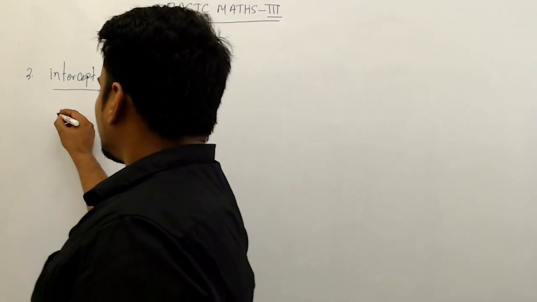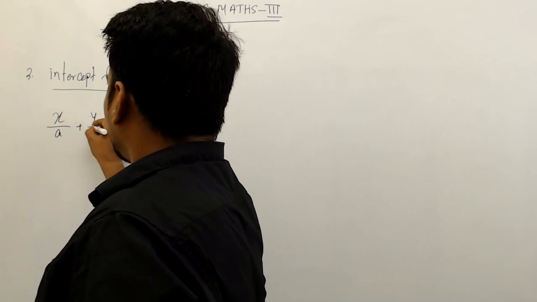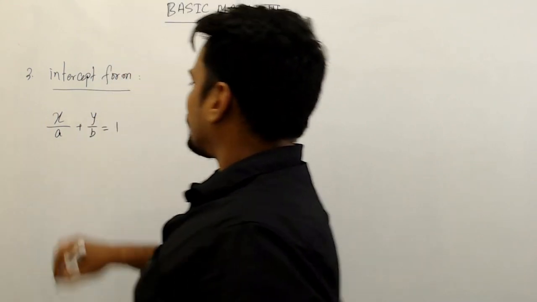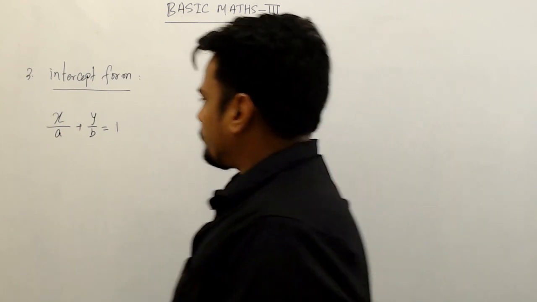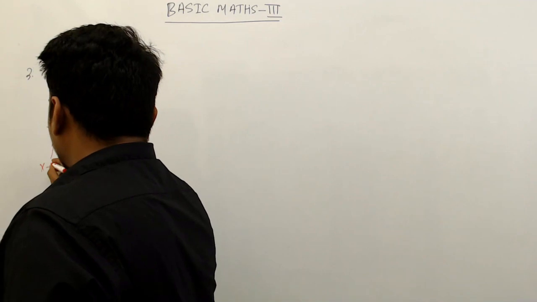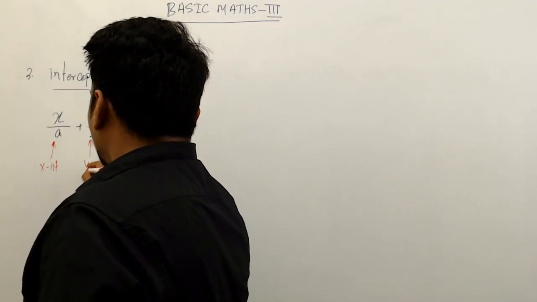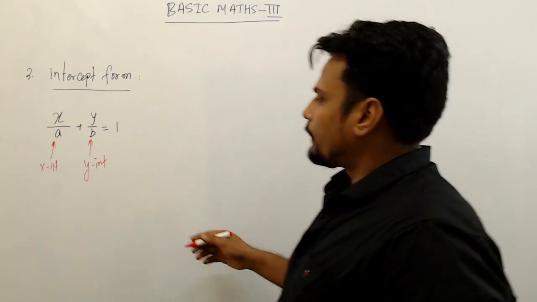Its general equation is given as x upon a plus y upon b equals 1. What is a and b? Well, that's a thing that we need to know. This represents your x-intercept and this represents your y-intercept. Then how is the line going to look?